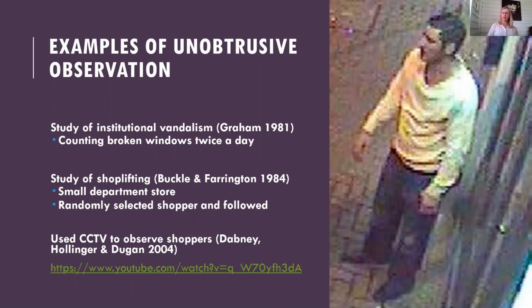So Graham and his research assistants would go out and walk in a neighborhood and count the number of broken windows and other signs of disorder, not just broken windows, twice a day. So by observing physical surroundings, that's still qualitative data, that's still field research, and they're recording what they're seeing. So it's really building a picture of vandalism as it's happening.